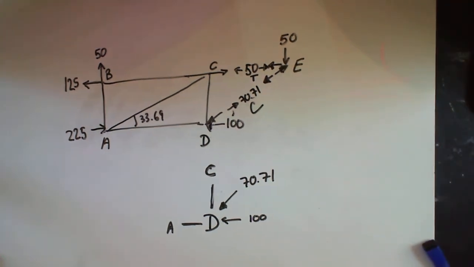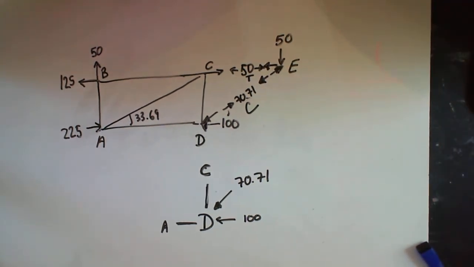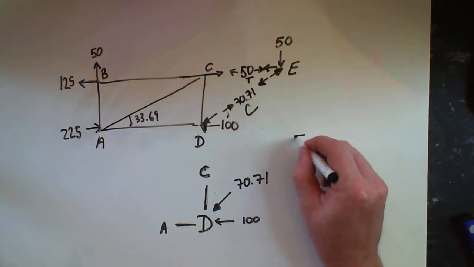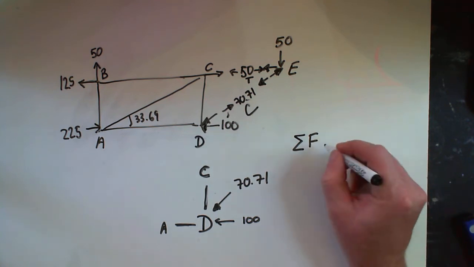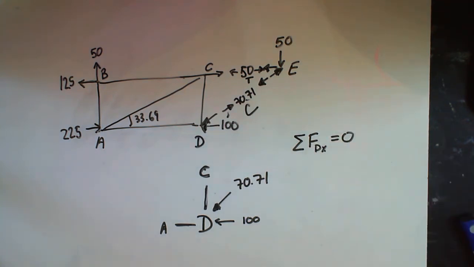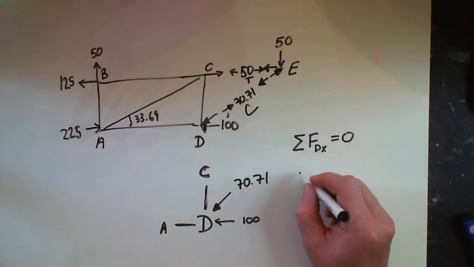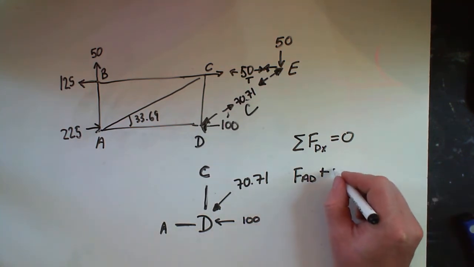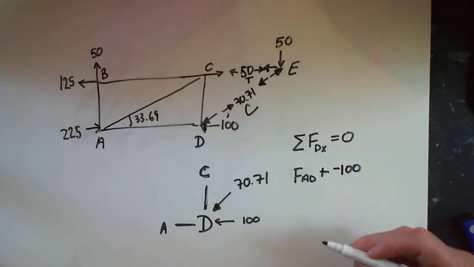So now we're going to do the same type of calculation we did at our last node. We know the sum of all forces at D with respect to X must equal 0. AD is purely horizontal, so that would be the force of AD, plus we have this 100 that's coming to the left.